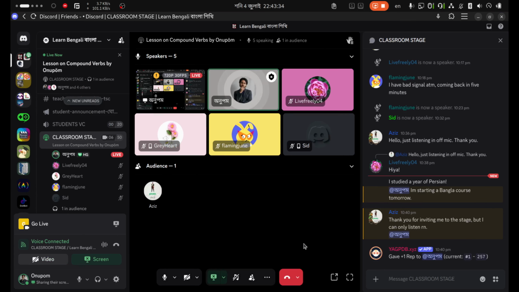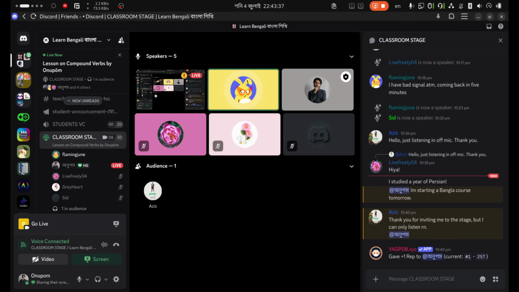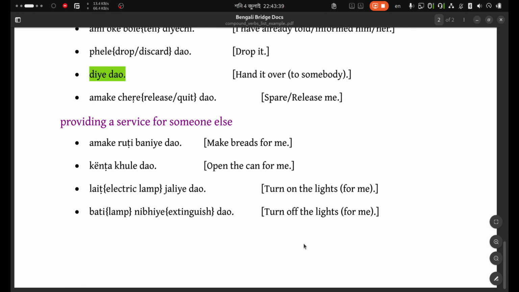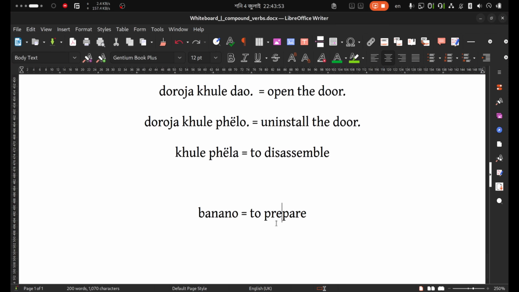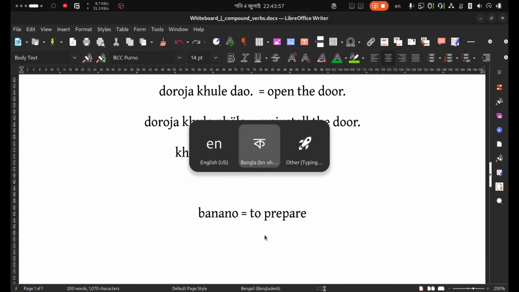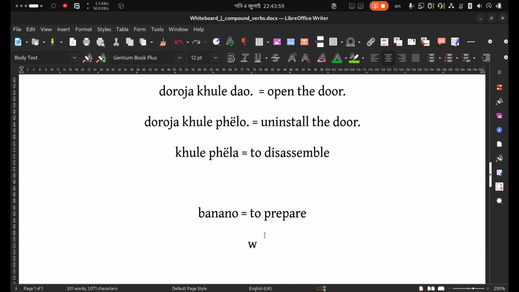No questions. Maybe about the one, can we also say something like "আমাকে সাহায্য দাও", like give me, help me? Maybe it's a bit weird. Not weird actually, it is not a compound verb. Provide me help.